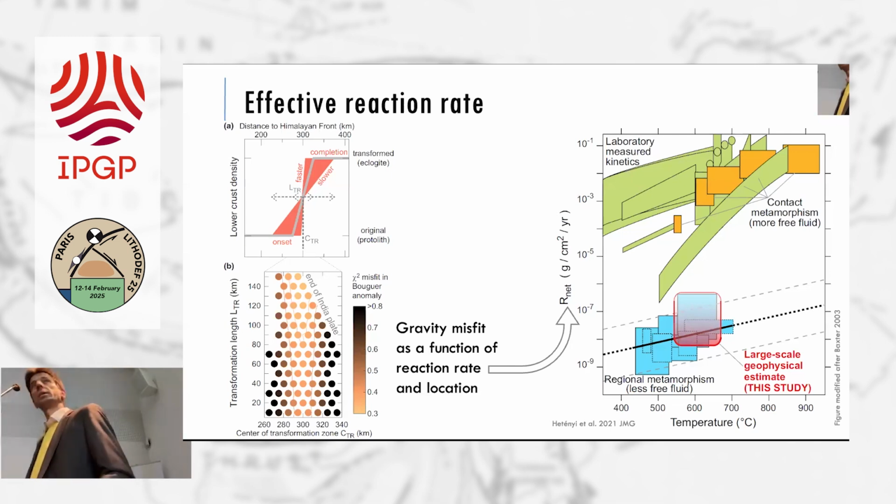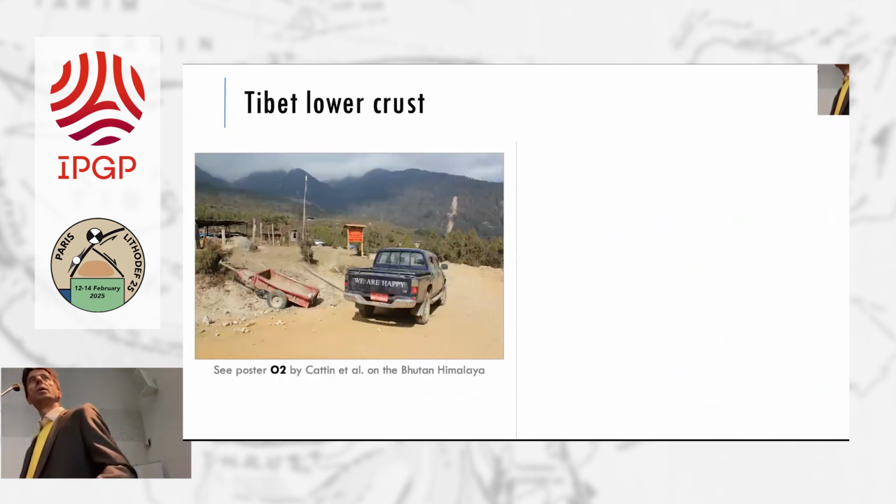These are all the small scale estimates, and our estimate from 10 kilometer to 100 kilometer scale is the red box, which fits very well the regional metamorphism. So we are very happy because the very small scale and the very large scale estimate fall into the same box. And this was causing us some satisfaction and making us happy.